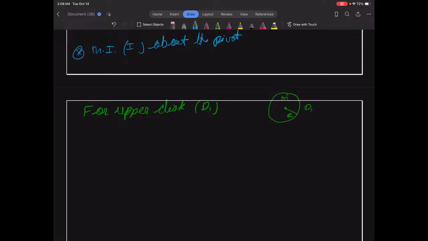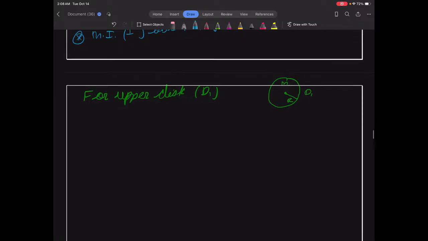Therefore, for the upper disc D1, moment of inertia, let us call this I D1, will be equal to half m r square.